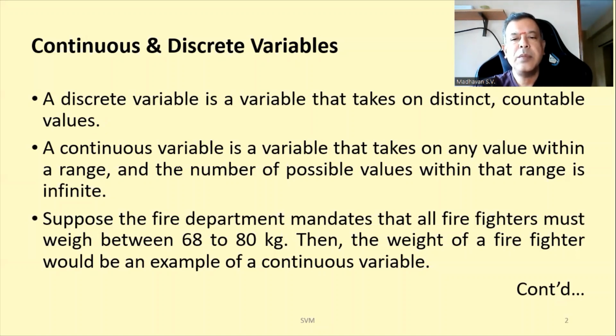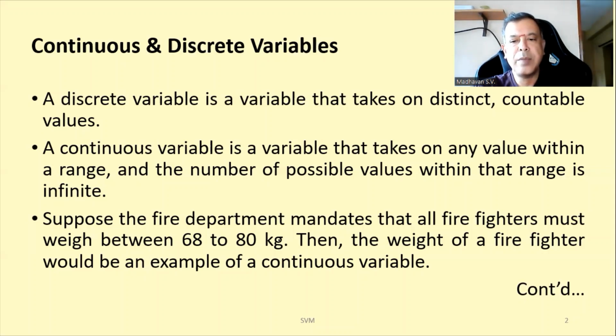A continuous variable is a variable that takes on any value within a range. For example, negative infinity to positive infinity, like in the case of normal distribution, it is a continuous probability distribution. In that, the variable corresponding to that distribution is considered to be a continuous variable. Here we have an example.